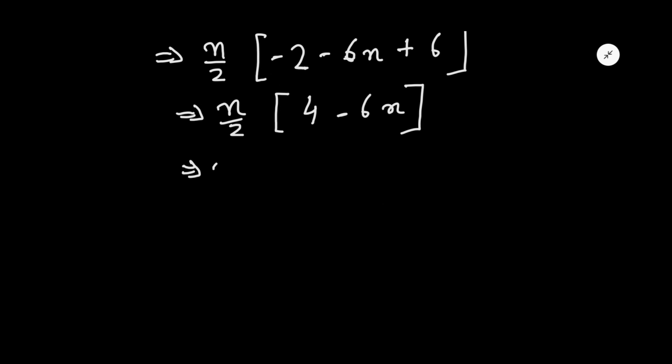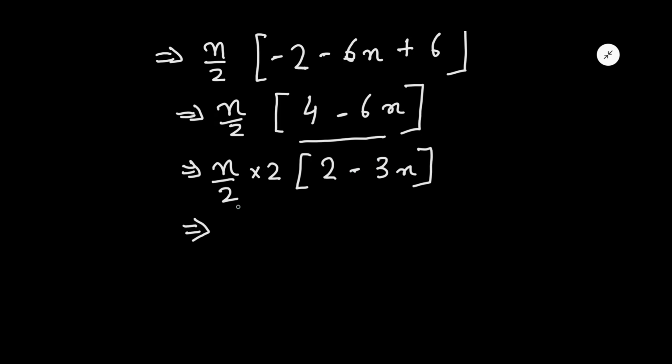So if we take 2 as a common from this equation, it becomes 2 minus 3n. So here 2 will cancel each other. So the final answer is n into (2 minus 3n).